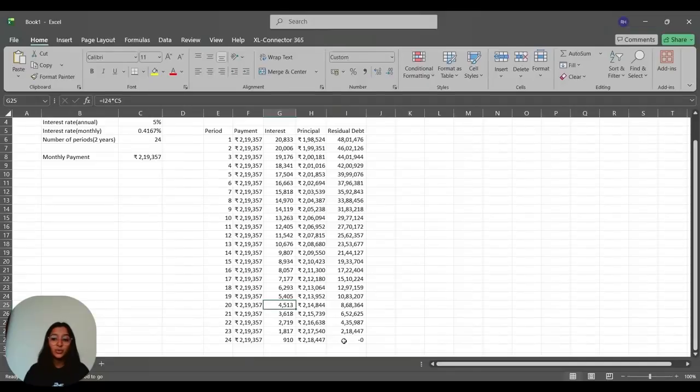The residual loan balance becomes the closing balance of long-term debt on the balance sheet. This schedule becomes the backbone of debt modeling within a three statement financial model, and that completes our 20 minute session of 50 lakh loan amortized over 24 months.